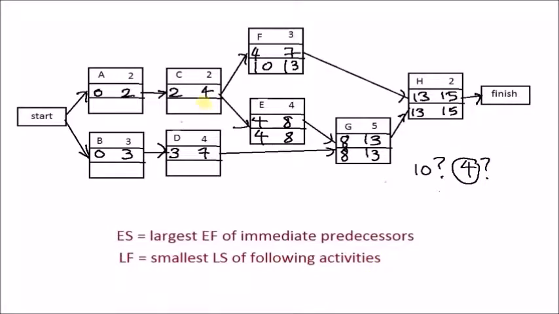So we enter 4 here. 4 minus 2 is 2. 2 minus 2 is 0. Here we enter 8 minus 4, which is 4. 4 minus 3 is 1. This process of finding the latest start and latest finish is called the backward pass.